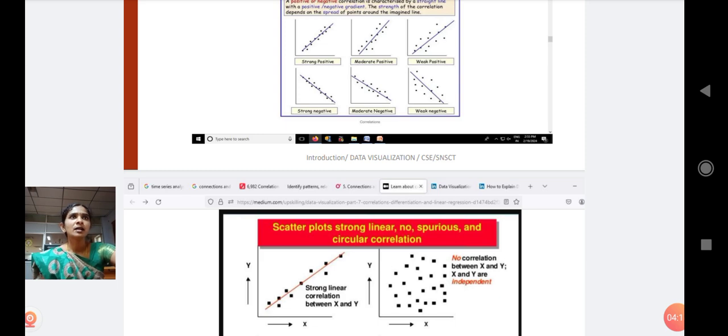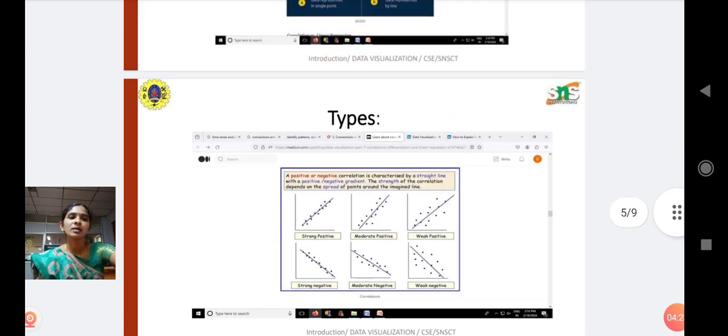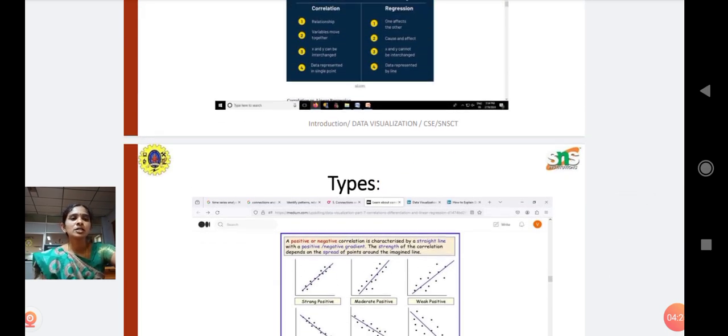A scatter plot mainly visualizes the data pattern, with one variable on the x-axis and another on the y-axis. This kind of distribution makes it easier to visualize the kind of relationship the plotted pairs of data are holding. A scatter plot is mainly useful when we have to find the relationship between two sets of data, or when we suspect there may be some relationship between the two variables, and this relationship may be the root cause of some problems. So these are all the things we find out in a scatter plot.